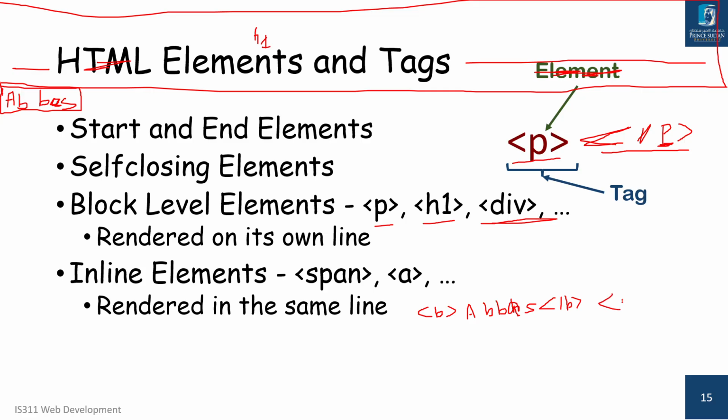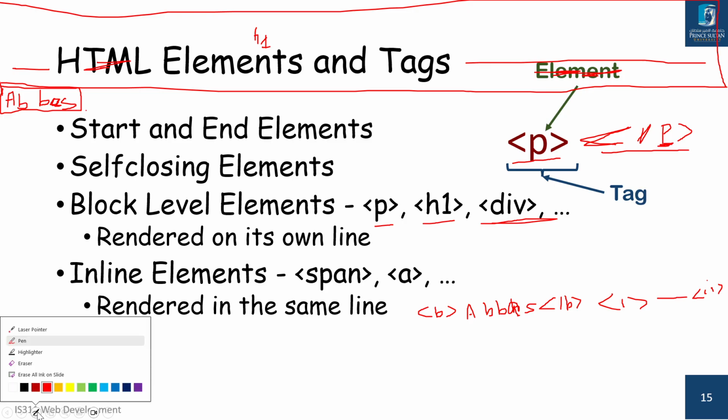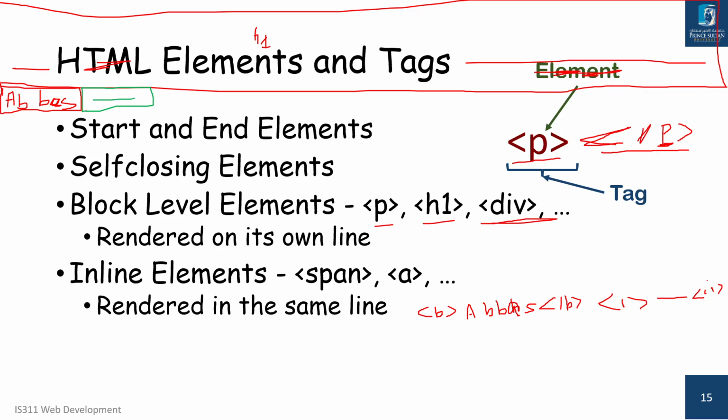for example, I have the italic, so I say some text here and slash i, it will come right after. Let me change the color of the pencil. So this is our italic. Right after this one, it will show me that text, which is italic.